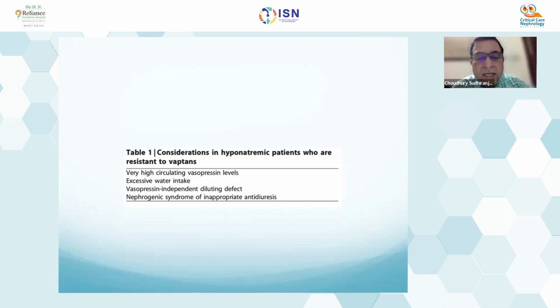So there is a vasopressin independent diluting defect, and in certain conditions like cirrhotic patients or patients with congestive heart failure, they have intense vasoconstriction, and that causes hepatorenal syndrome or cardiorenal syndrome, where the patient's vasopressin level is high, but the delivery of water into the distal part of the collecting tubule is so less, and it gets absorbed from the other tubular sides.